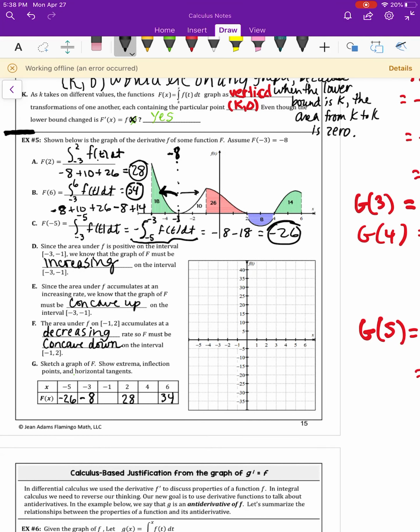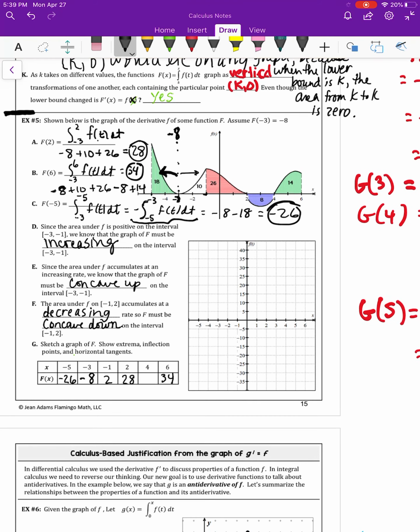F of negative 1 would have been negative 8 plus 10, so that would have been 2, because if we start at negative 3 and go to negative 1, we're adding 10 to negative 8. And F of 4, if at F of 2 we had 28, and then to get to 4 we subtracted 8, then that's going to be 20.